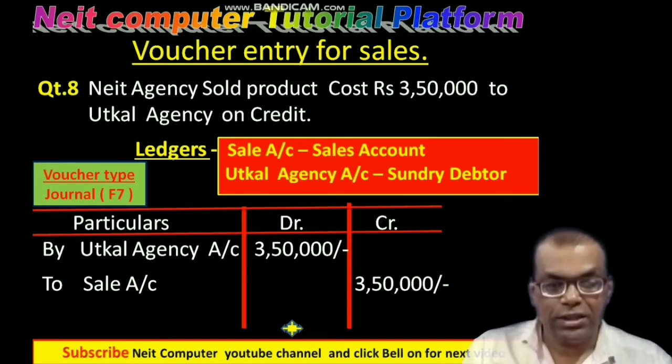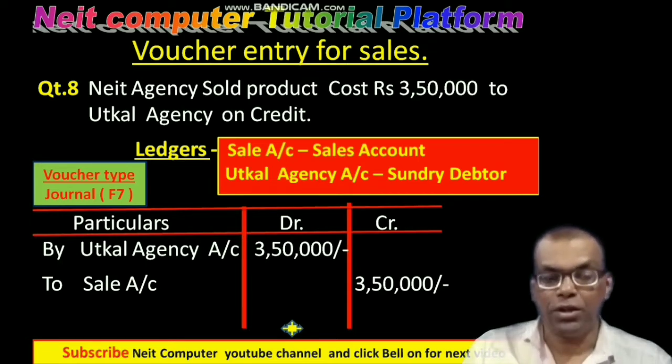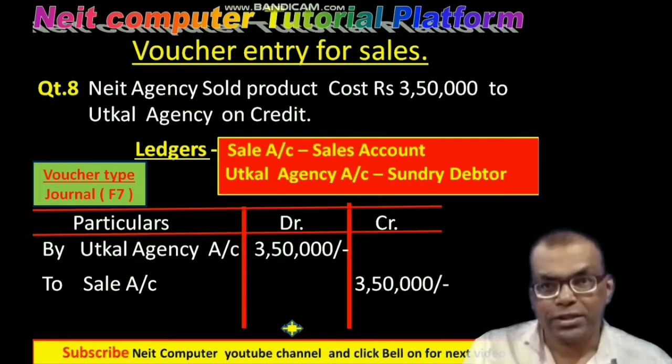So Utkal agency, as it has not paid the amount, becomes a debit 3,50,000, and from the sale point of view the sale account becomes a credit of 3,50,000. In this case we use the journal voucher, F7. Why do we use a journal voucher?